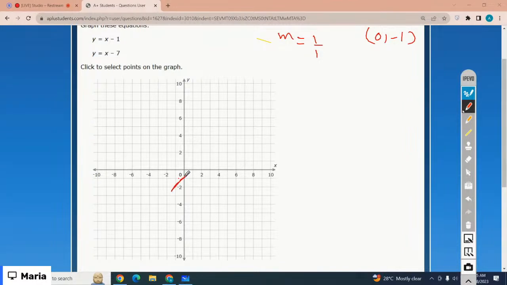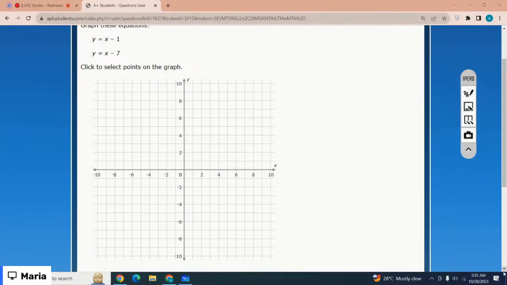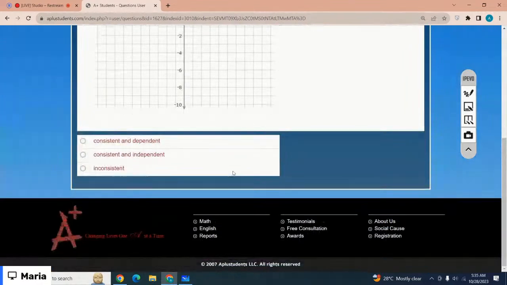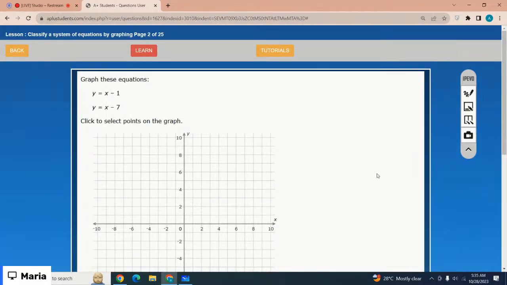The line looks like this. For the second one, the slope is 1 over 1 and the y-intercept is 0, negative 7. You can see you have two parallel lines. That means the system is inconsistent. When the lines are parallel, the system is inconsistent.